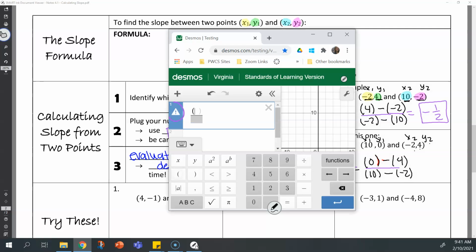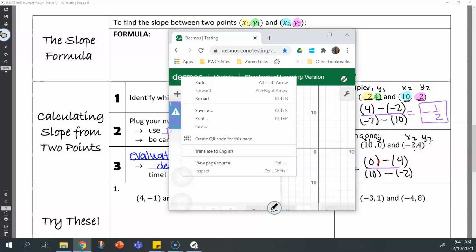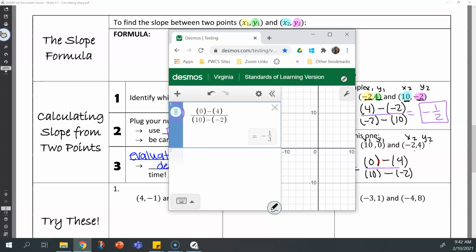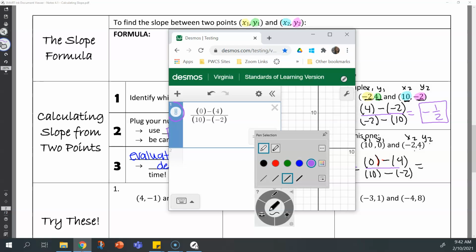Then I'm going to do parentheses 0 minus parentheses 4. Then on the bottom, 10 in parentheses minus -2, also in parentheses. Again, it gives us a decimal, but that's not a problem because I just press that button and it turns it into a fraction. In this case, my slope is -1/3.